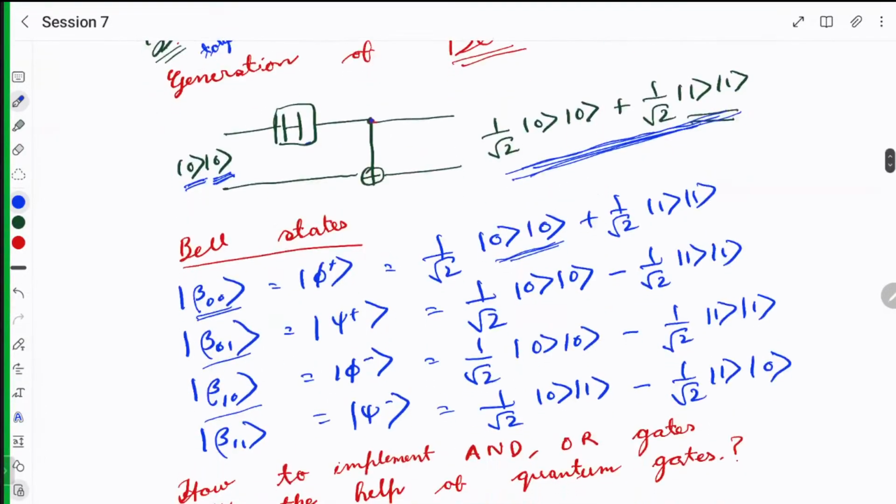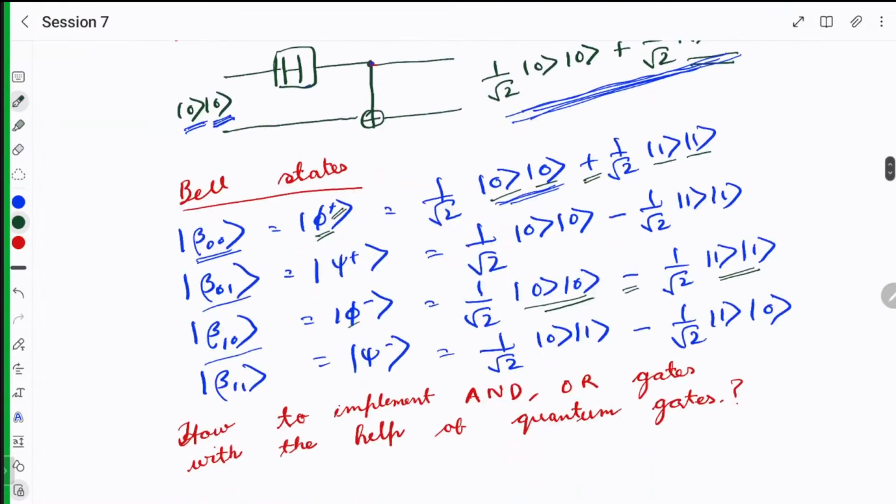And there was another nomenclature in terms of phi and psi. So we saw that whenever 00 and 11 are involved, it is phi. The plus or minus implies whether it is a plus superposition or a minus superposition. For example, phi plus gives you a plus superposition, and phi minus is a minus superposition, both containing 00 and 11, so 0 tensor 0 and 1 tensor 1.